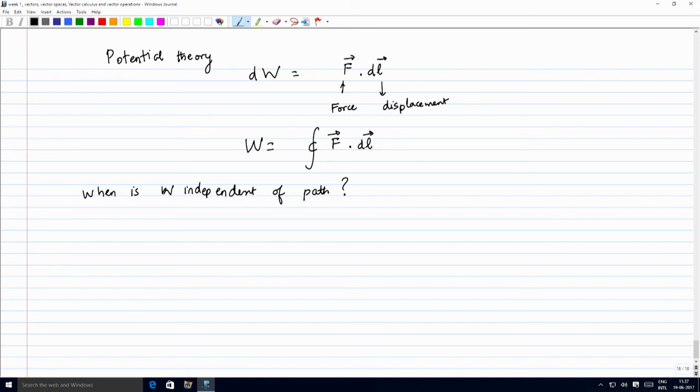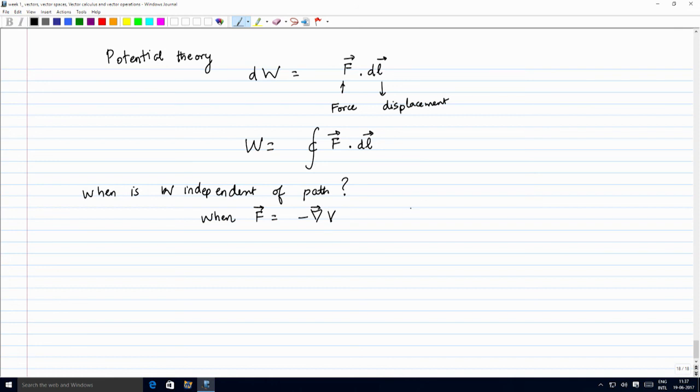Okay. Now, it turns out that you can give a very straightforward answer to this. So, the answer is when F is equal to minus gradient of some potential.